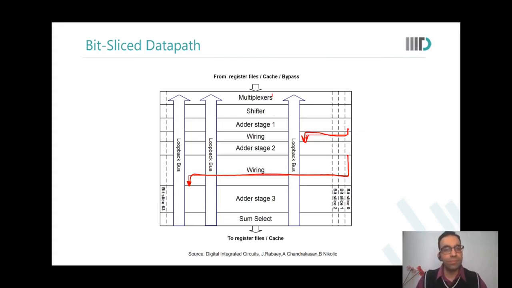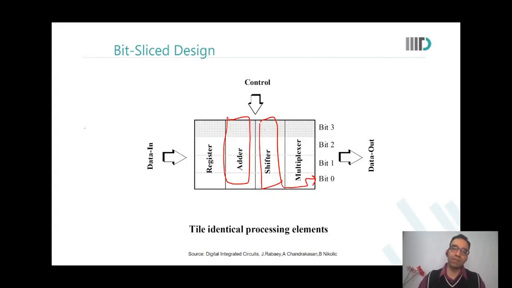Sir, in the previous slide, in the bit slice design, a separate register was given in a bit slice. But in this diagram, there is no separate register in the bit slice. Yeah, if you look at the previous slide, they were adding that register to latch the incoming data. That's fine. There are two different architectures.